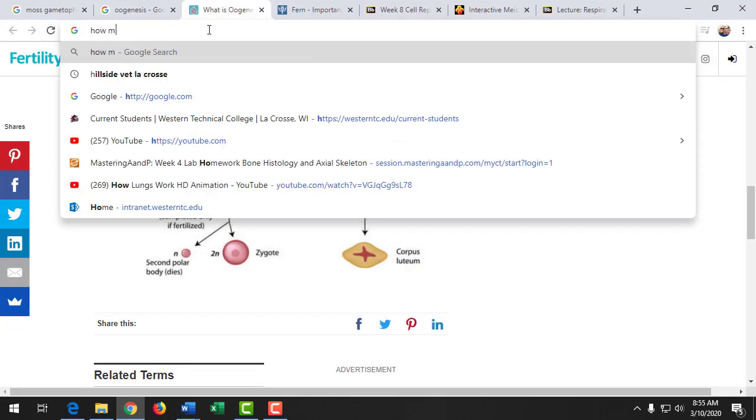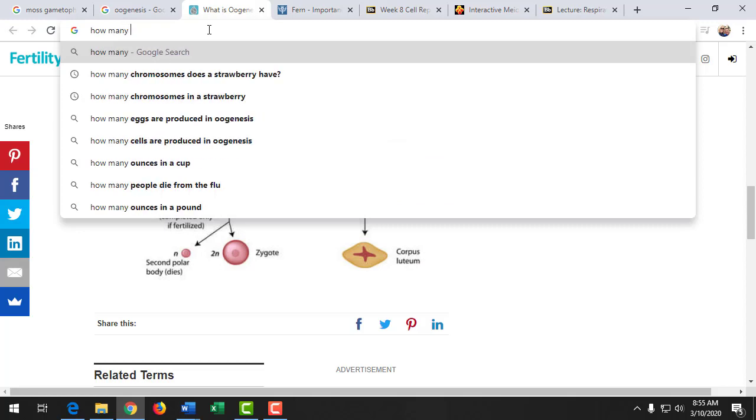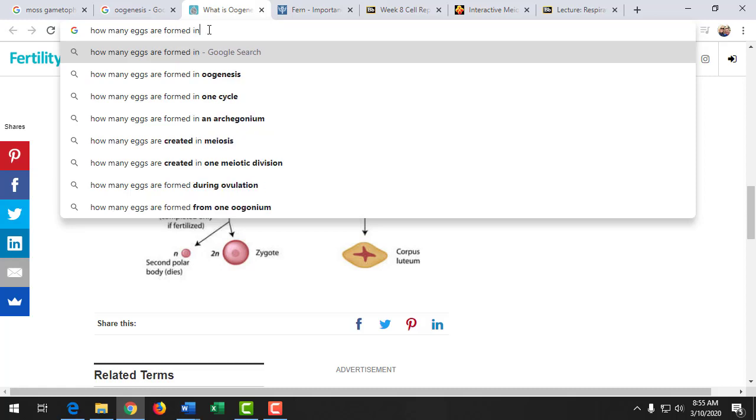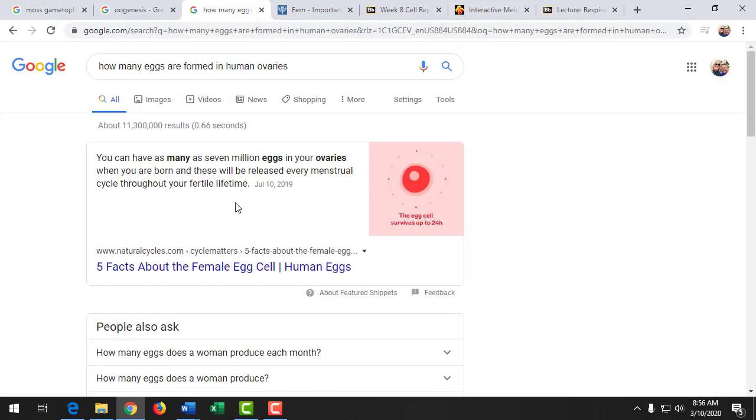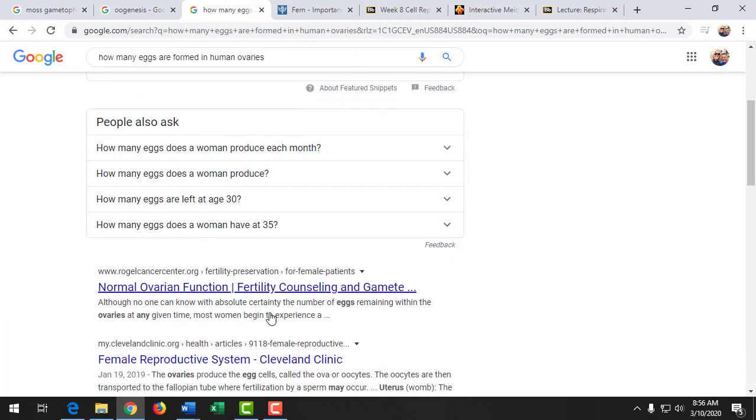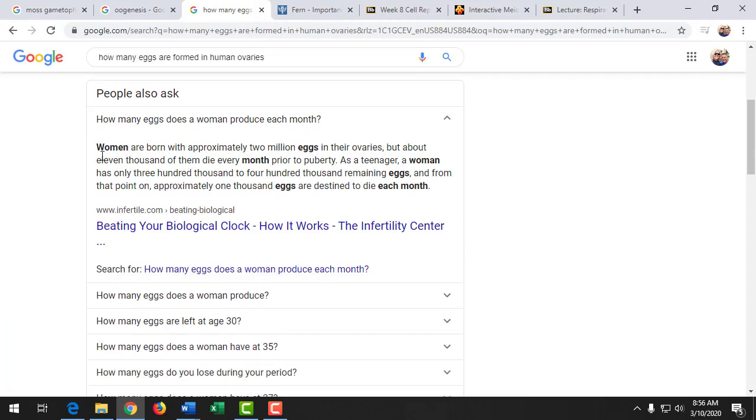Just how many eggs are formed in human ovaries. Let me get some quick numbers here. Okay, so you're born with 2 million eggs, 11,000 die every month prior to puberty, and only 300,000 to 400,000 remain.